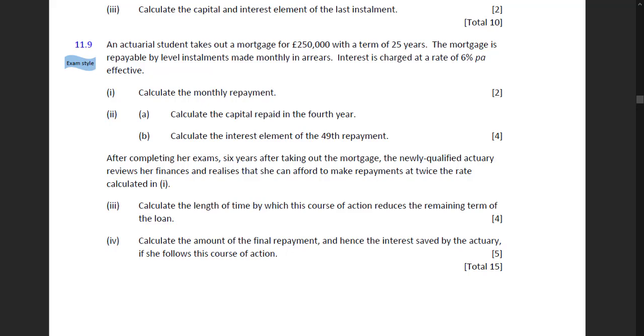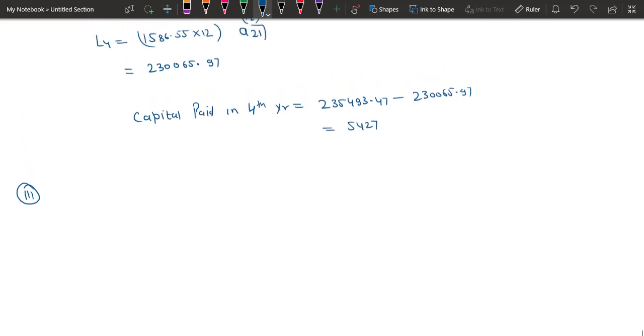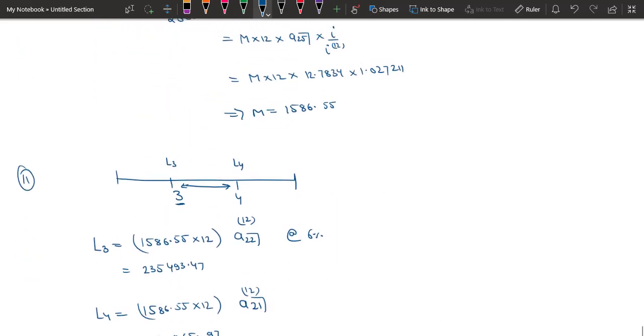But now she has become a qualified actuary and she reviews her finances and realizes that she can afford to pay double the amount that she is paying already. So right now she is paying 1586.55 as the amount. If we double that, we get an amount of 3173.1.